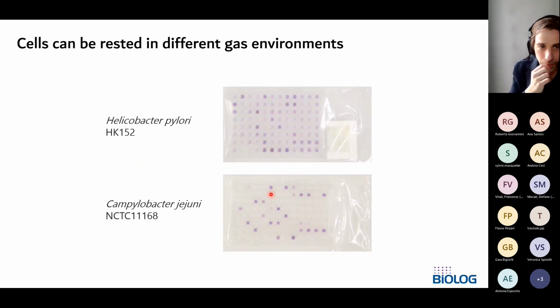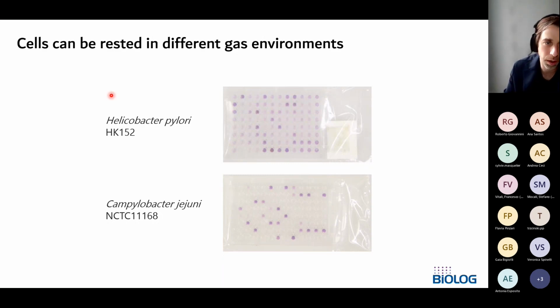Another nice thing to consider is that the technology is very flexible, and you can analyze aerobic strains, but also anaerobic strains using a sachet. This is really good, of course, if you're characterizing, for example, strains extracted from sediments or from anaerobic human districts like the gut.